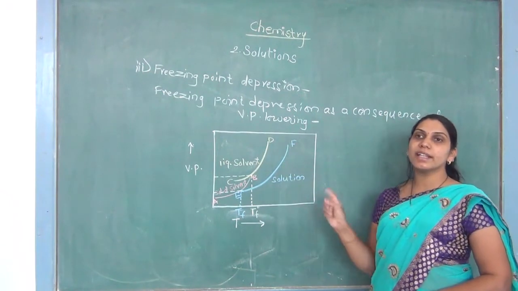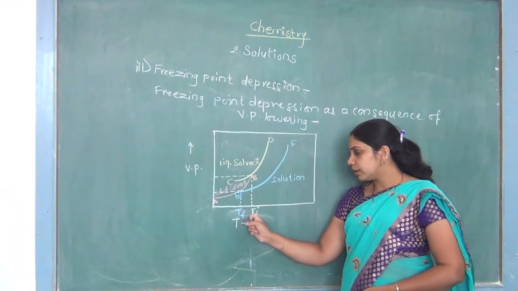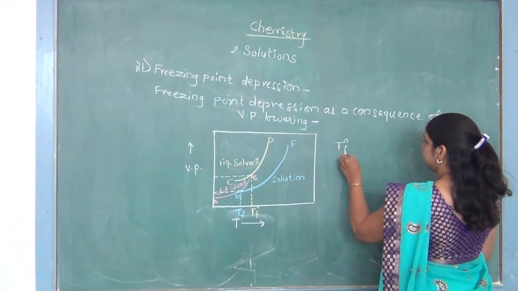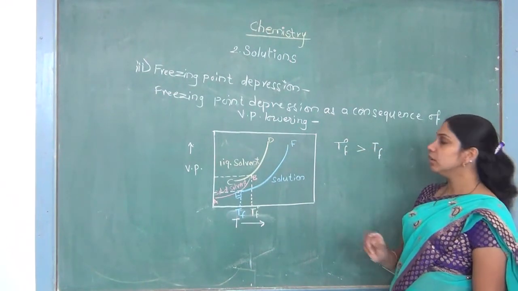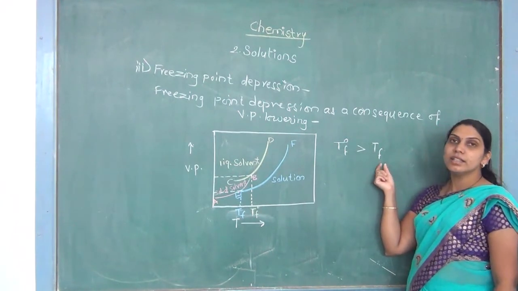And if you observe the graph carefully, what is observed? It is observed that T0F is greater than TF.